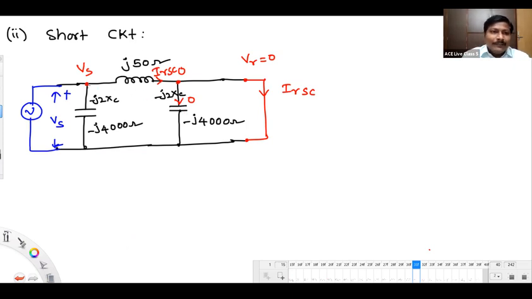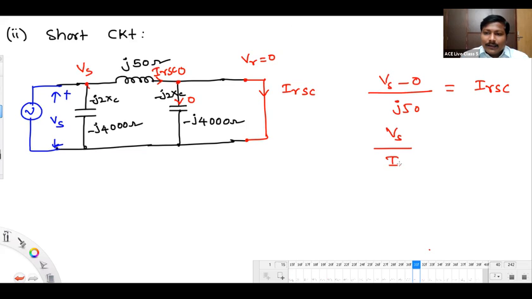Vs minus 0 by J50 is the current. Is that correct? So you can get Vs by IRSC equal to J50.